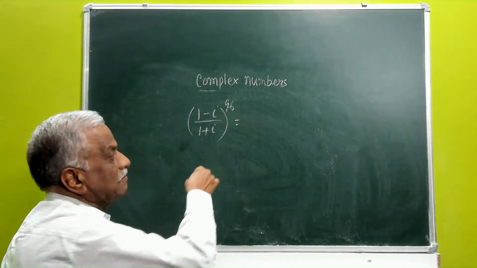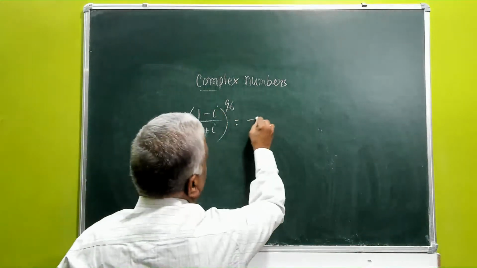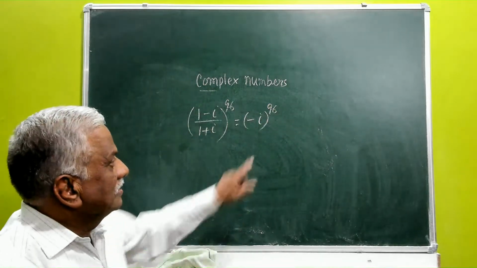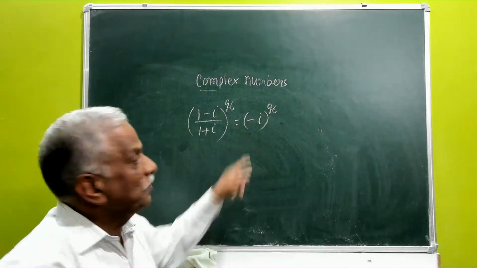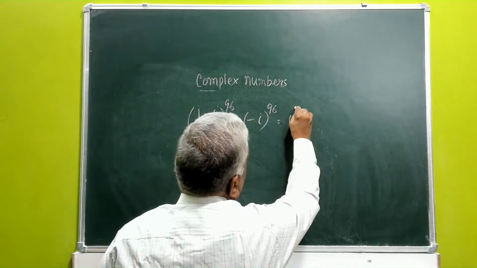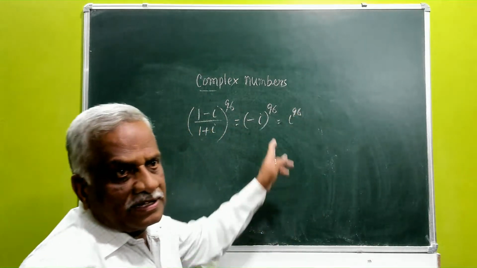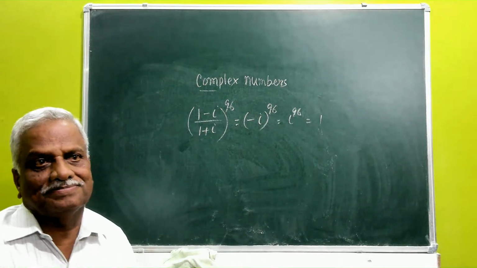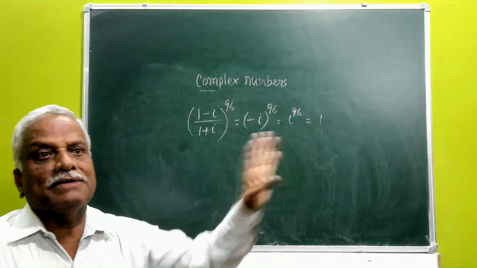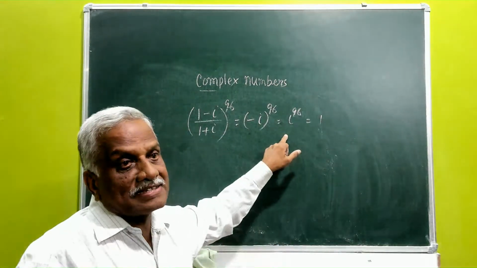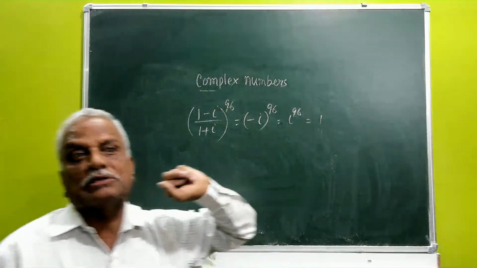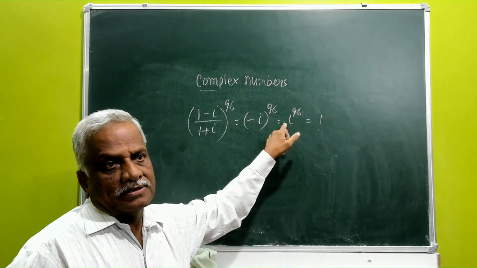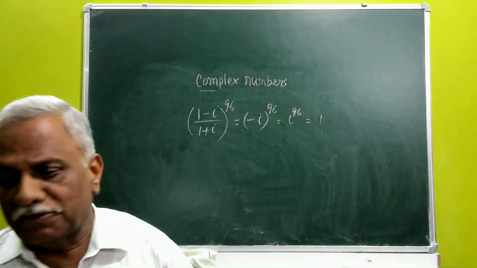I told you (1 minus i) by (1 plus i) is minus i. Minus i to the power of 96. 96 is an even number, this minus will go. You get just i to the power of 96. 96 is a multiple of 4, therefore it is 1. The chances are there, a student may write minus 1 also. You have to be careful. 96 is an even number. Minus 1 to the power of an even number is positive.